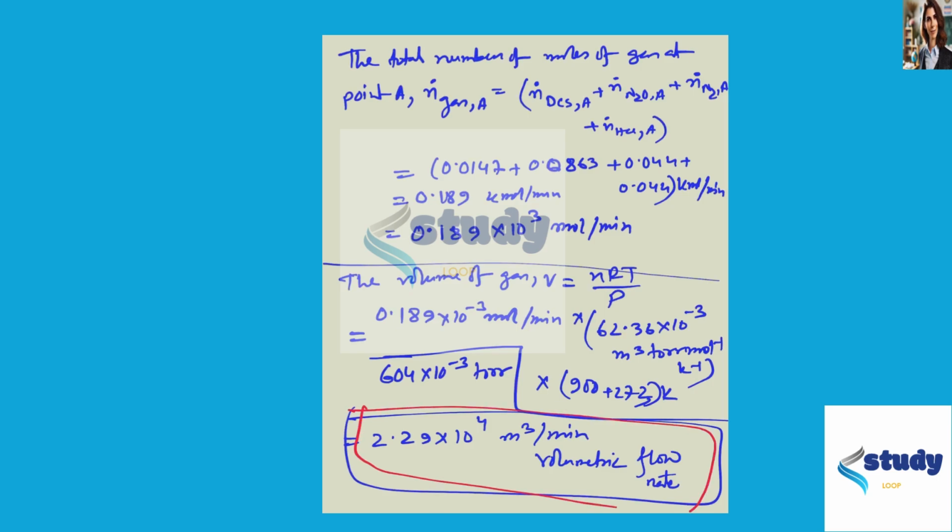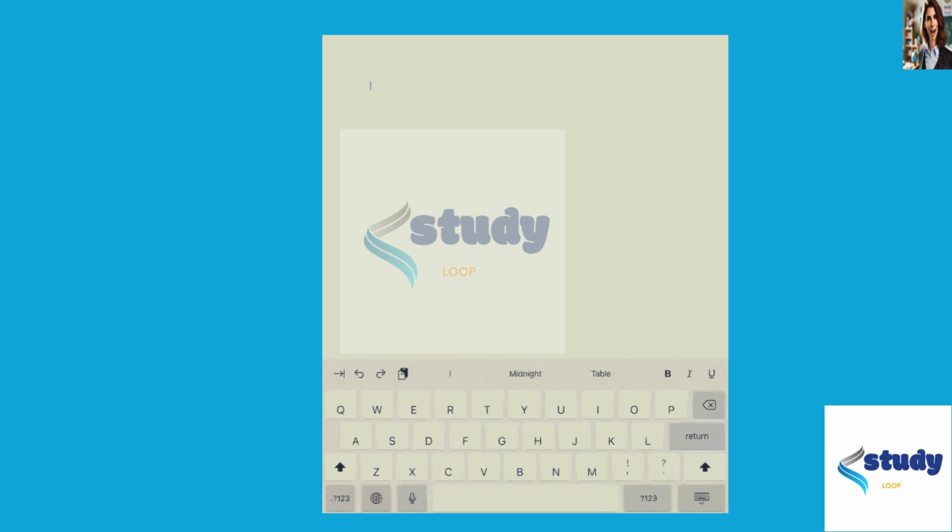The next problem says, what is the rate of deposition? Let's calculate the rate of deposition. The partial pressure of DCS can be calculated.